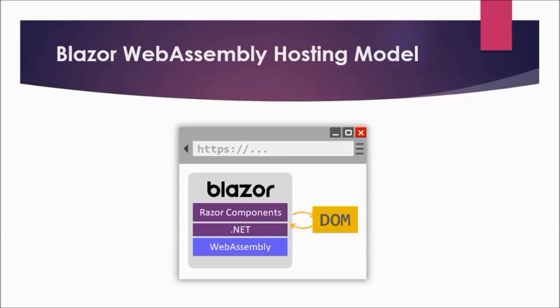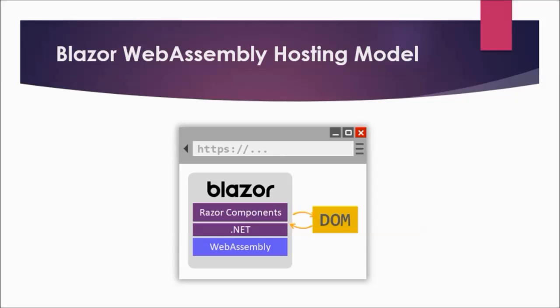Blazor WebAssembly hosting model. This is also known as client side hosting model. In Blazor WebAssembly hosting model, the application directly runs in the browser with the help of WebAssembly. So, the things which are required to run a .NET application, such as the compiled application code, its dependencies, and the most important .NET runtime are downloaded to the client browser by WebAssembly from the server.